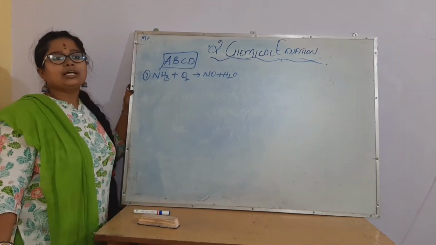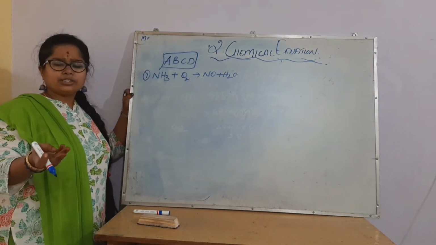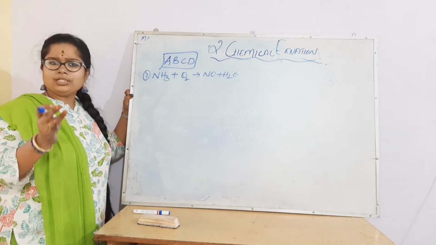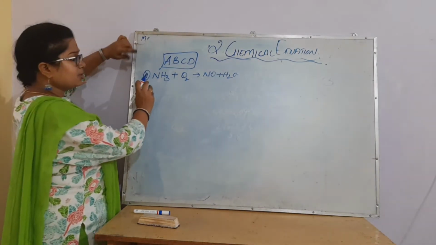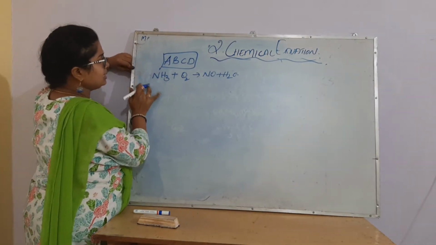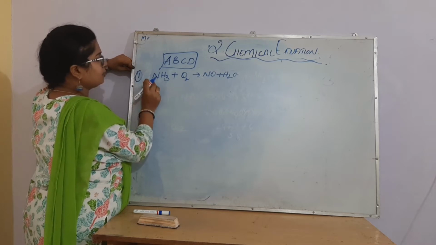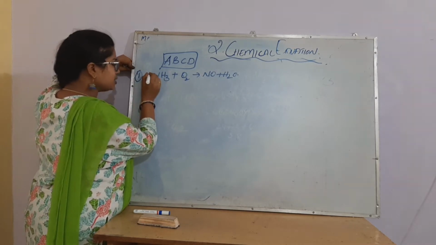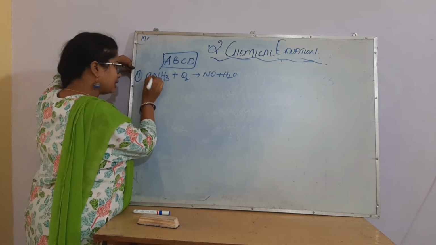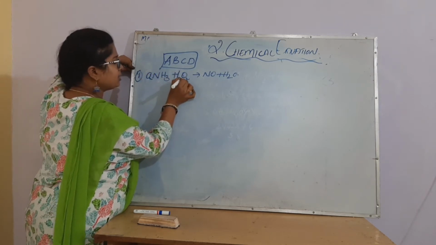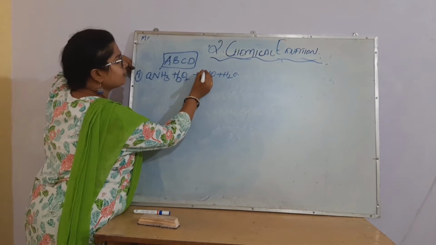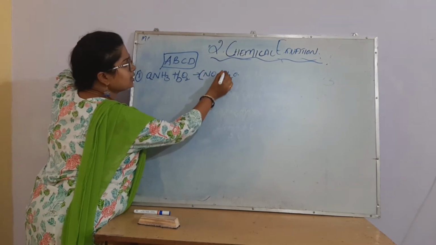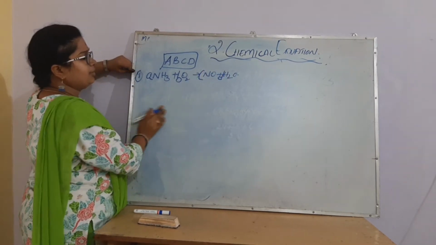Which method are we going to use? Traditional? No. Metals and non-metals? No. A new method. Before this, in the ABCD method, before each and every molecule you are supposed to write A, B, C, D.